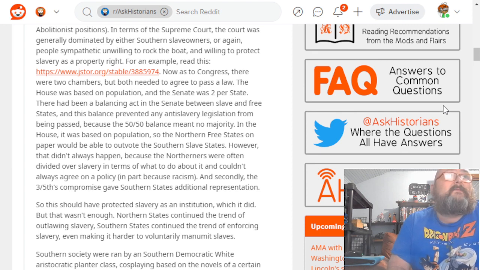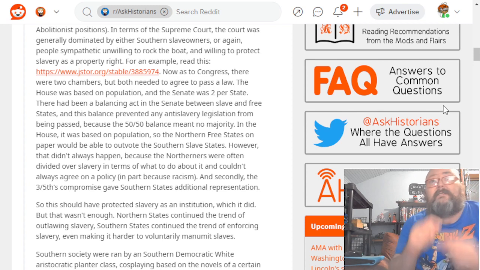In the House, it was based on population, so the northern free states on paper would be able to outvote the southern slave states. However, that didn't always happen because the northerners were often divided over slavery in terms of what to do about it and couldn't always agree on a policy, in part because of racism. And secondly, the Three-Fifths Compromise gave southern states additional representation.